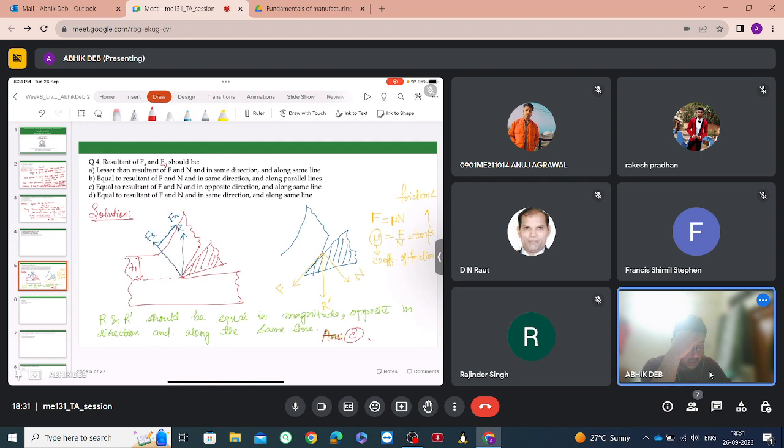So Fs, Fn, F and N are all intrinsically acting forces. We cannot measure these forces by any means. But we can measure the cutting force and the thrust force, that is Fc and Ft.